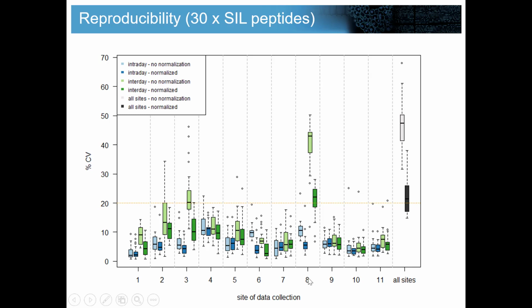For the most part, yeah. I mean, there are some sites which are sort of in between, right? You see like site 2 or 3 also had some deviation across the week. So certainly all of the normalized values, they're definitely all below 20% and mostly below 10%.